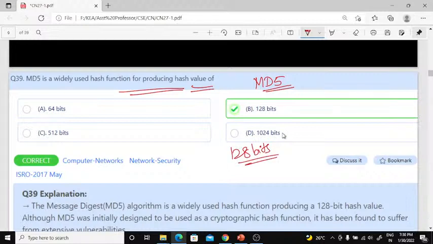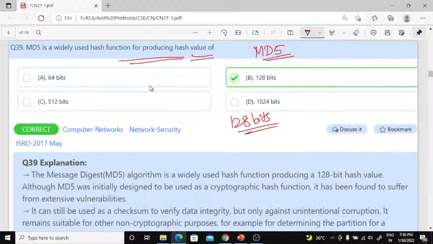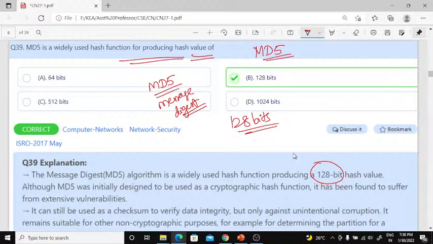MD5 means the Message Digest algorithm, a widely used hash function that produces a 128-bit hash value.